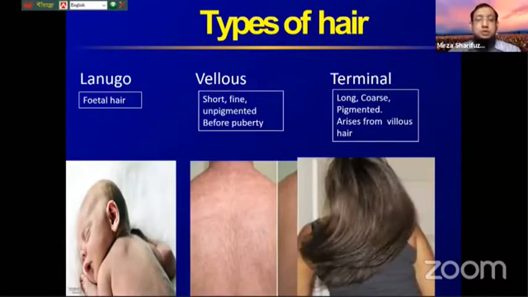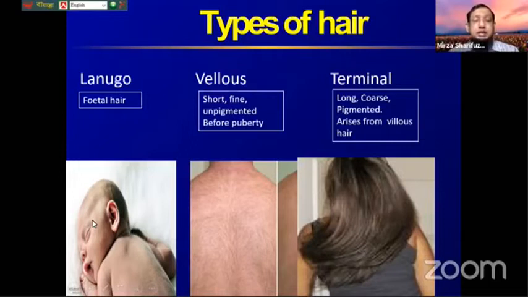We have to identify different types of hair before going into a definition, before understanding hirsutism. We see here thin, unpigmented hair that appears in the fetus, known as lanugo hair. It is usually replaced before birth by vellus hair, but it may appear if the child is premature, who may be born with lanugo hair.